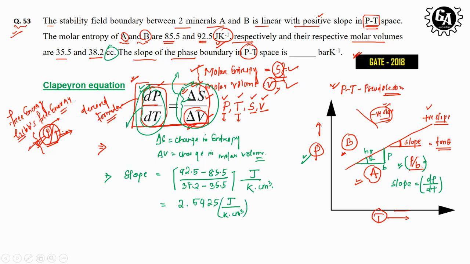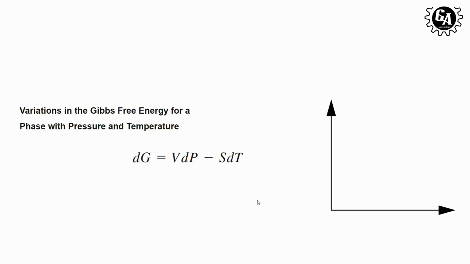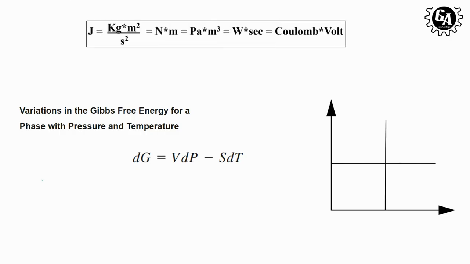The question is asking for the answer in bar per Kelvin, so we have to convert this joule per cubic centimeter to bar. For that I have an easier formula for you, and you will be using it in many cases.